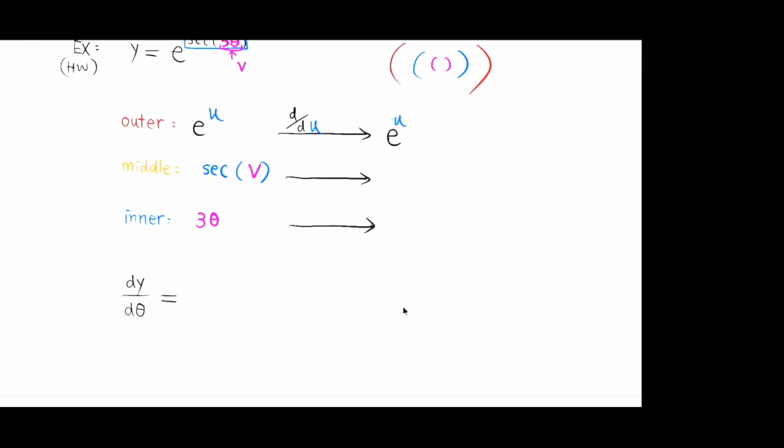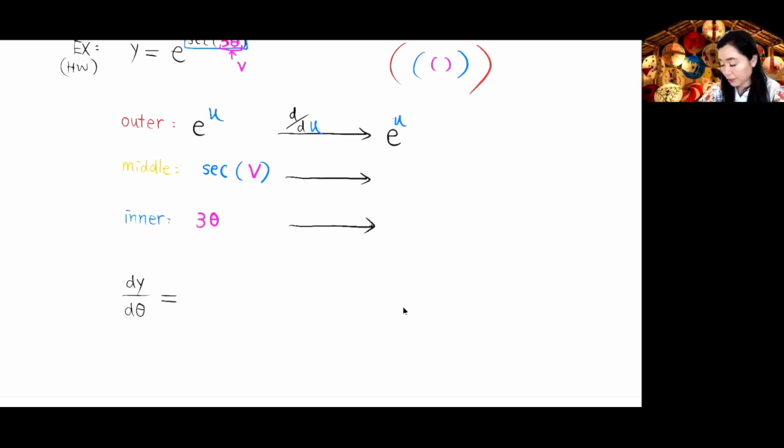Yeah, you got it. And then now get to the middle one. We're going to differentiate this with respect to v. What's the derivative of secant? Remember SST? So that will be secant v times tangent v.